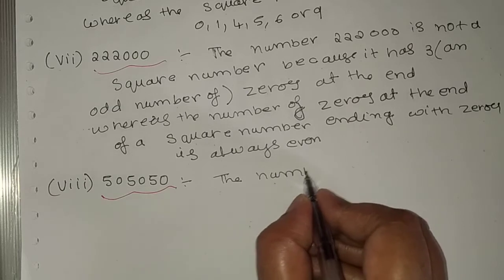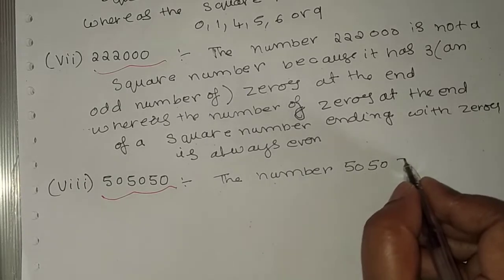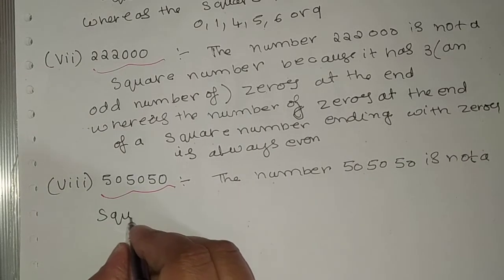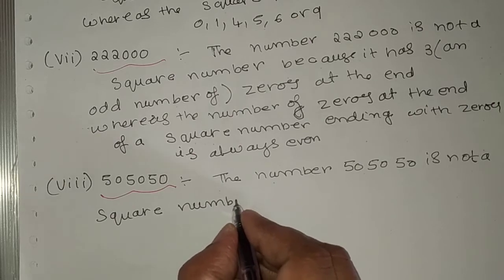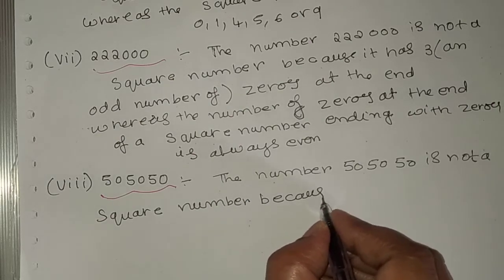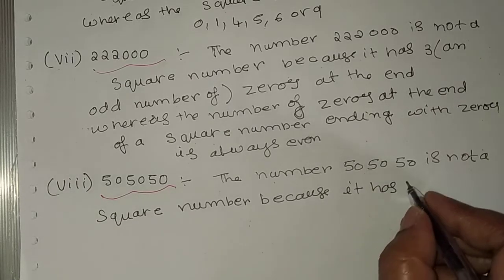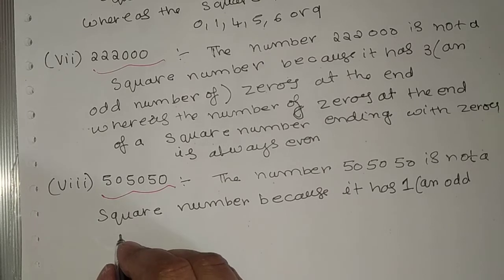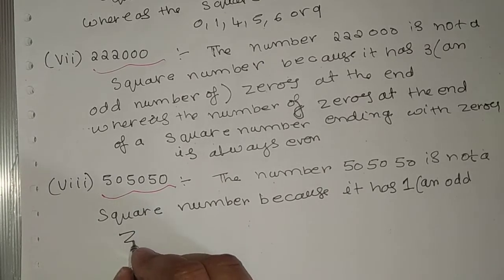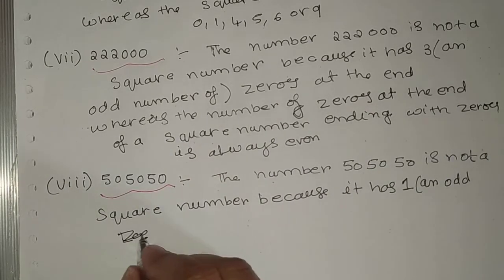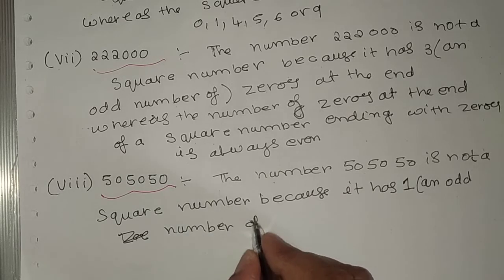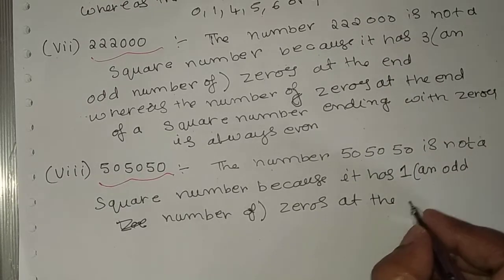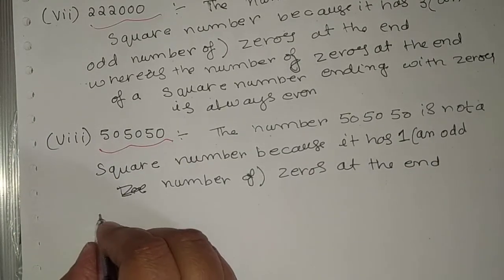The number 505050 is not a square number because it has an odd number of zeros at the end.